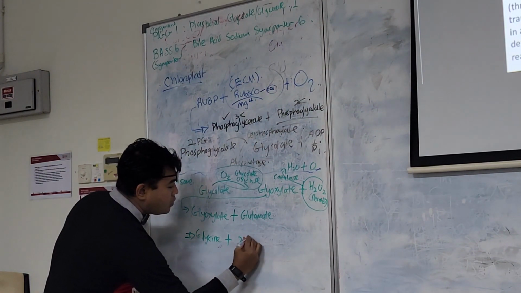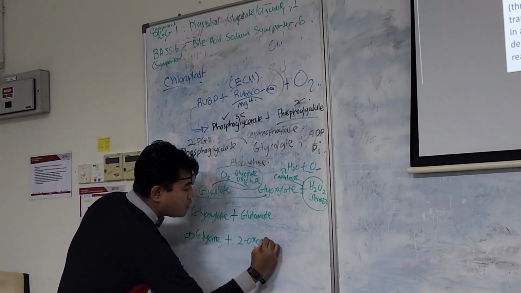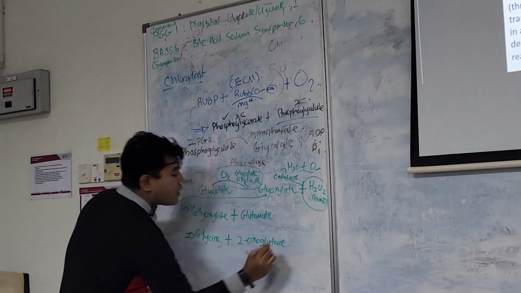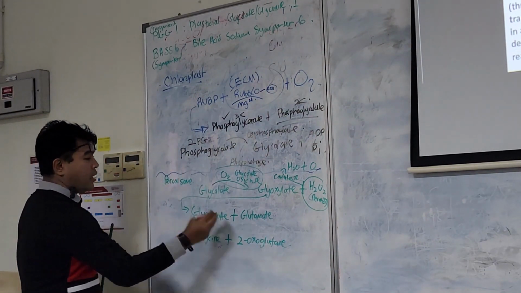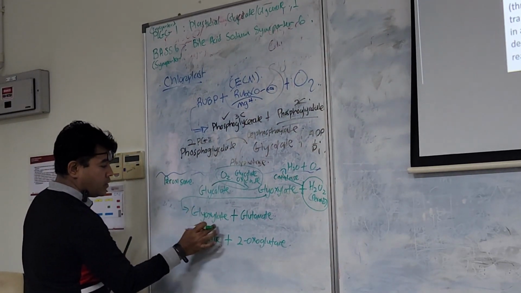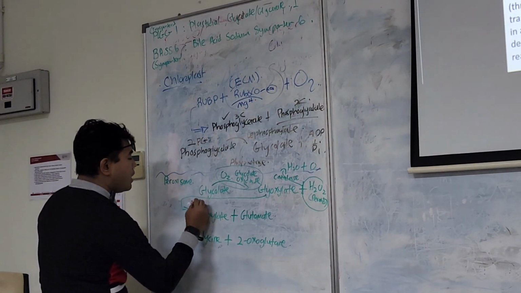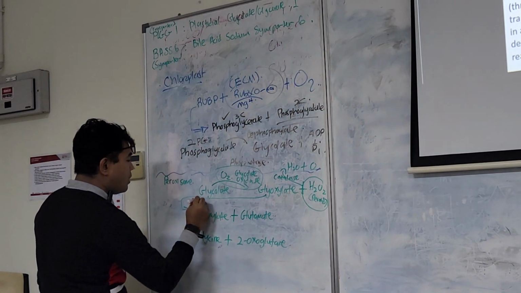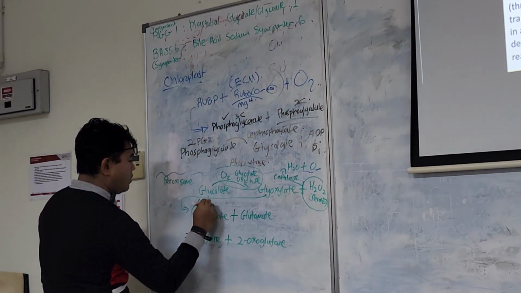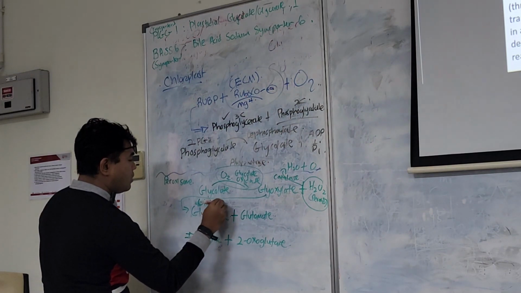plus 2-oxoglutarate. Okay, and the enzyme responsible for this conversion to get glycine and 2-oxoglutarate, this is called, is it glutamate?